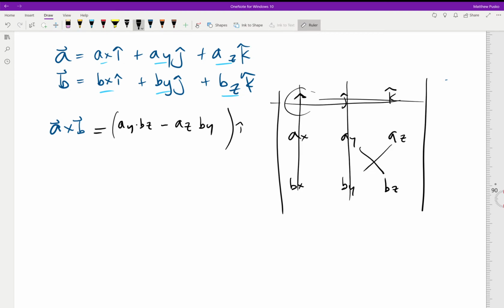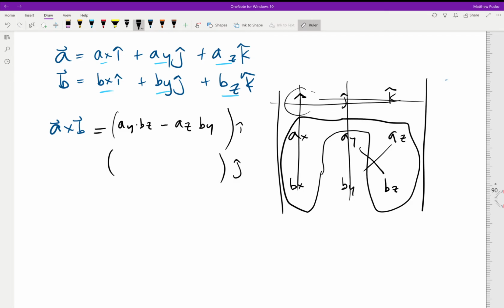Okay, and then we would do the next, the same way, I would put my line through here. We would get our j values by taking the determinant of those ones now. And then we would take the determinant for the k values of these ones. That's probably the best way to practice. You really are going to be working with matrices a lot, not in this class per se, but definitely in your future. Like any of your degrees that I can think of, you're going to be putting data into matrices and then operating on them.